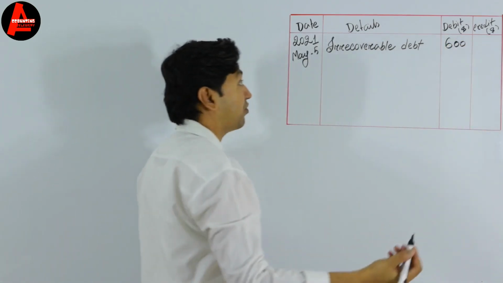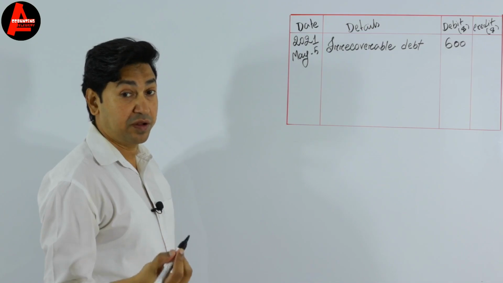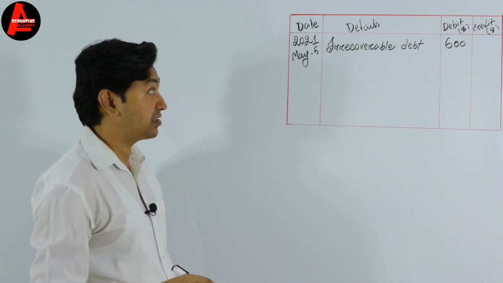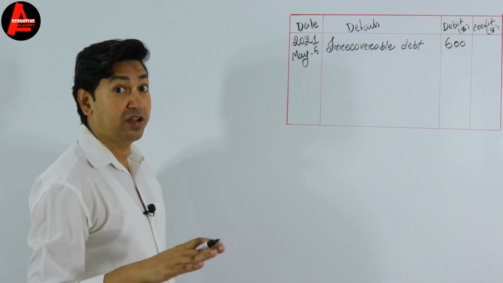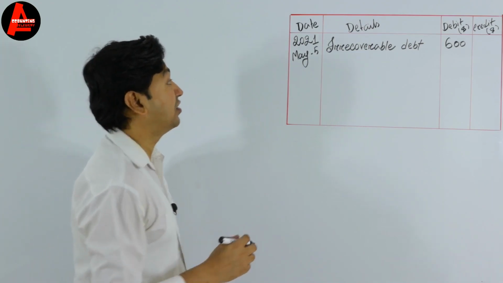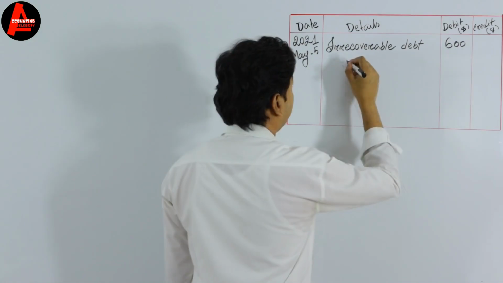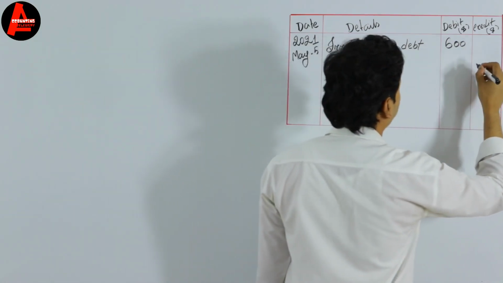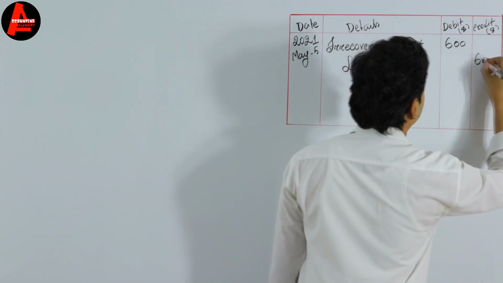Our trade receivable, which is a current asset, will decrease, so trade receivable will be credited. Let us write LW. This is a trade receivable, so it will be credited $600.